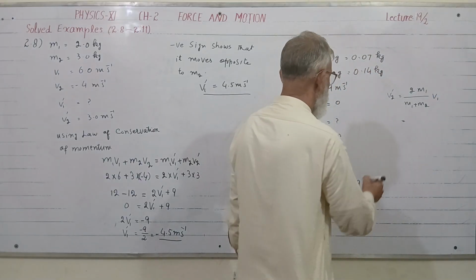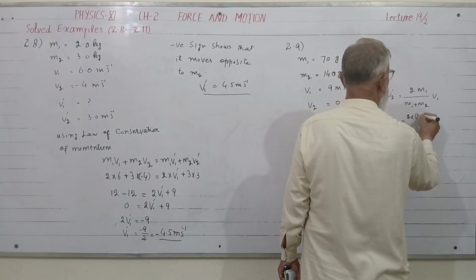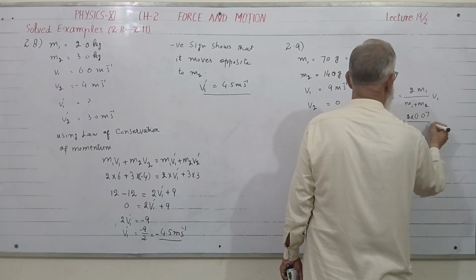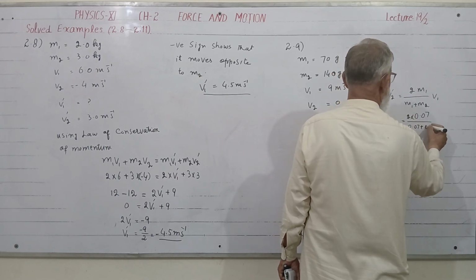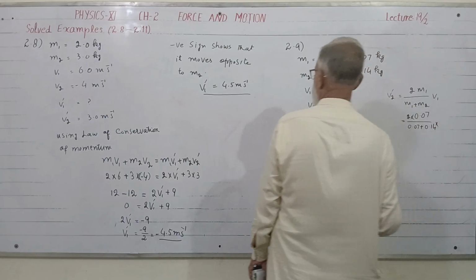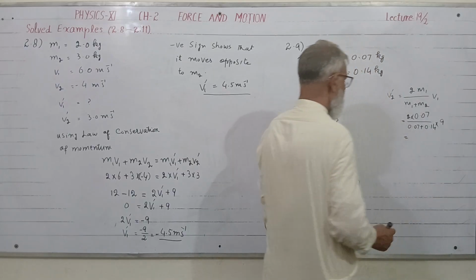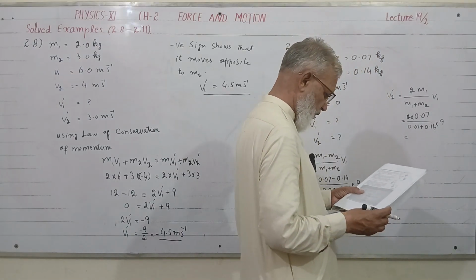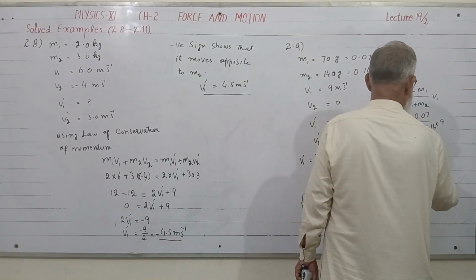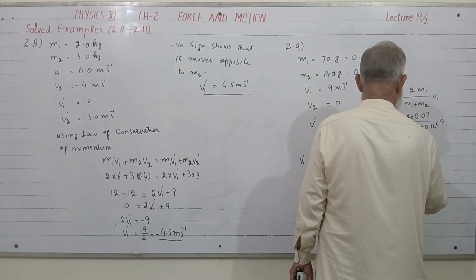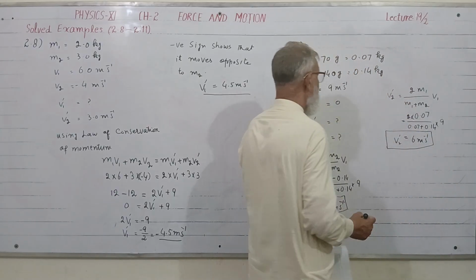Put the values: 2 times M1 0.07 over 0.07 plus 0.14, into V1 9. Calculate this with the help of a calculator. So V2 prime will be 6 meter per second. V2 prime is 6 meter per second.